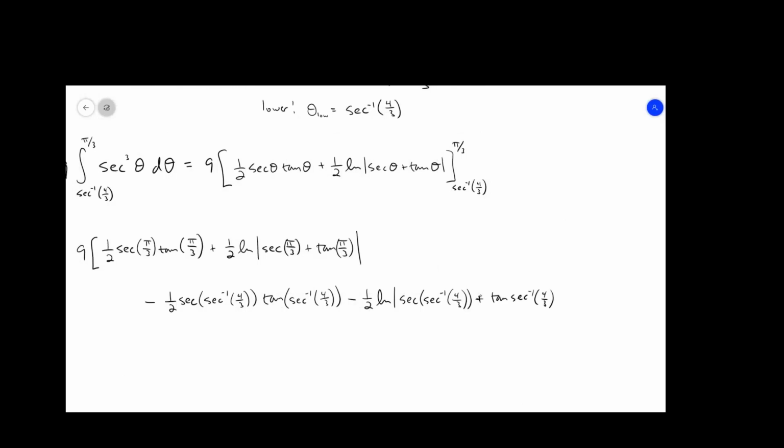So a lot going on there. And there's no plus c because this is a definite integral.